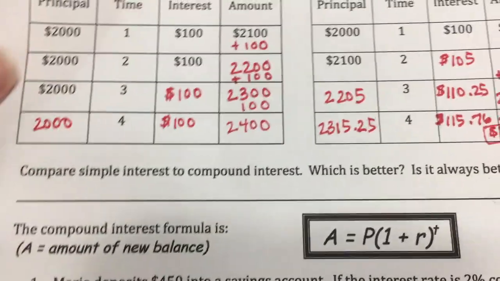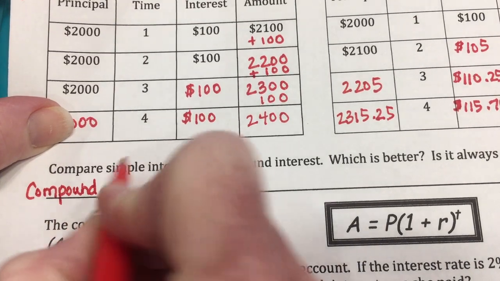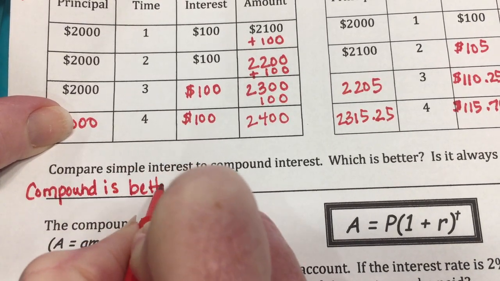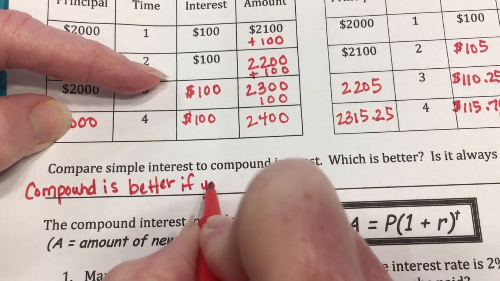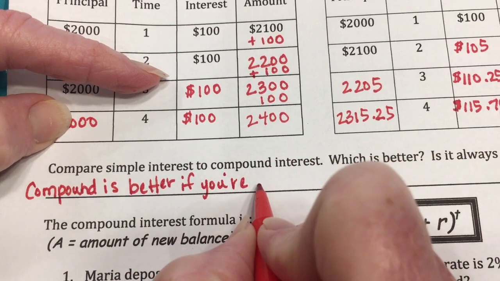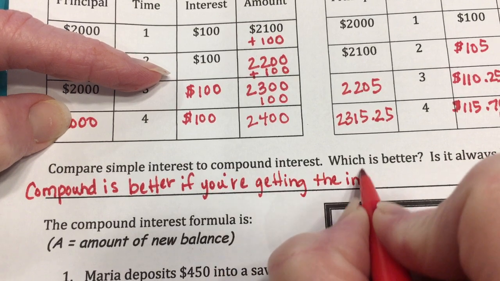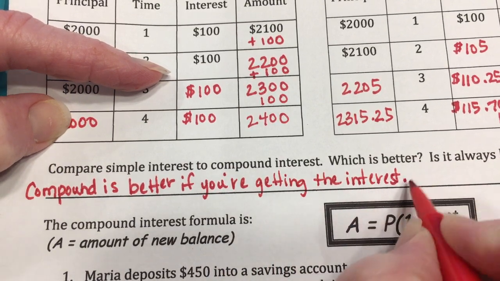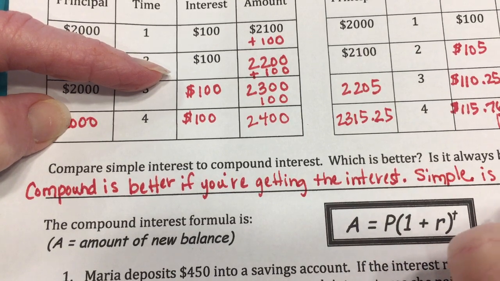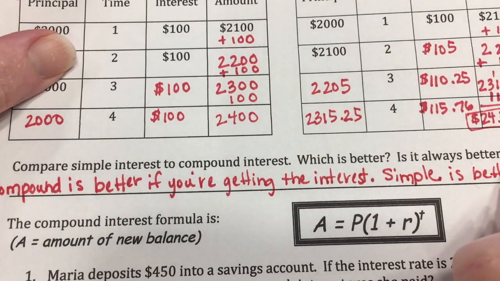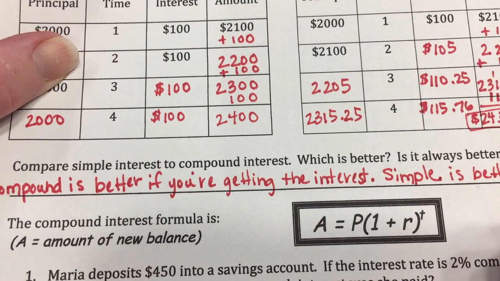Compound interest is better if you're getting the interest, but simple is better if you're paying the interest.